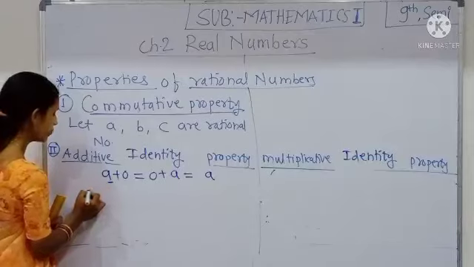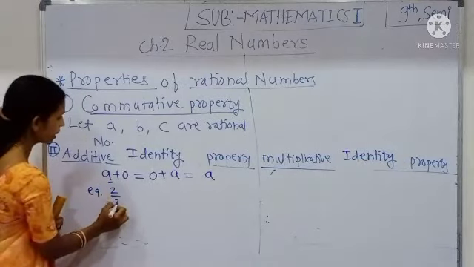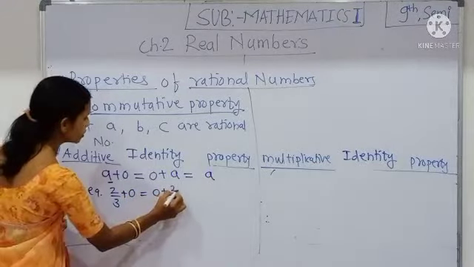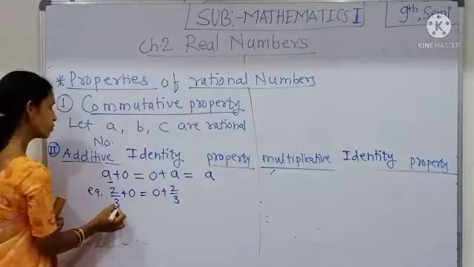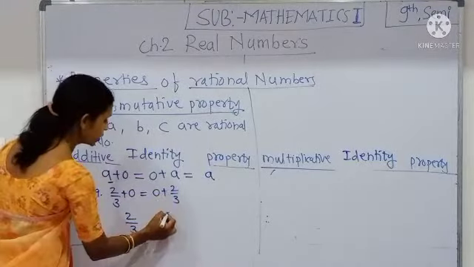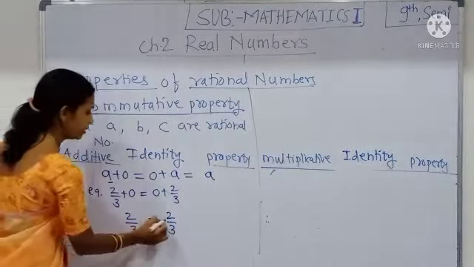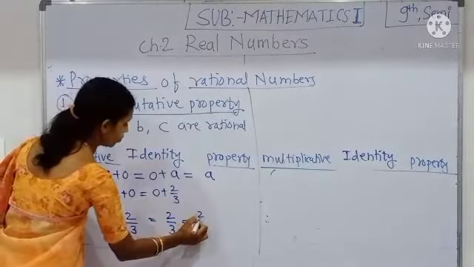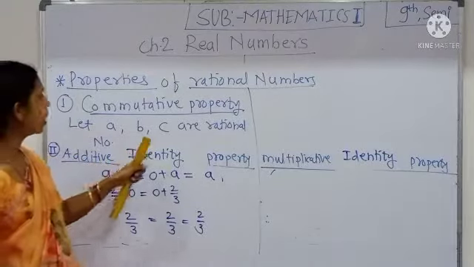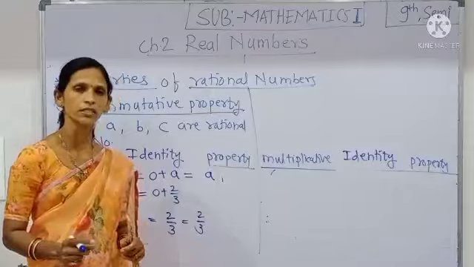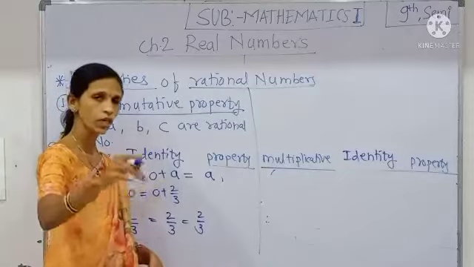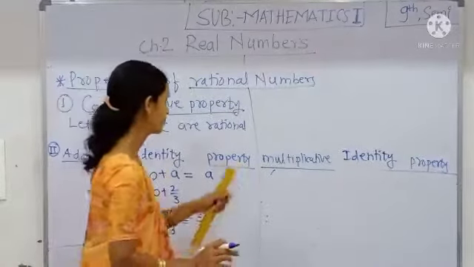For example, 2 upon 3 plus 0 is equals to 0 plus 2 upon 3. 2 upon 3 plus 0 is 2 upon 3, and 0 plus 2 upon 3 is 2 upon 3. That means this property is known as additive identity property. The addition of any rational number with 0 is the same rational number.